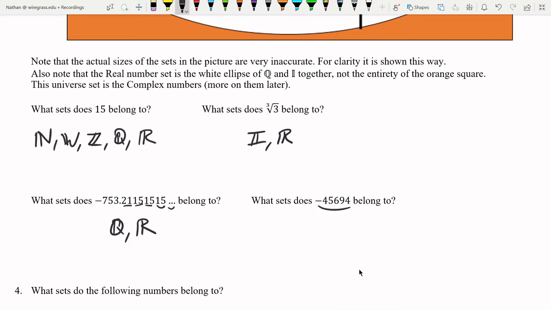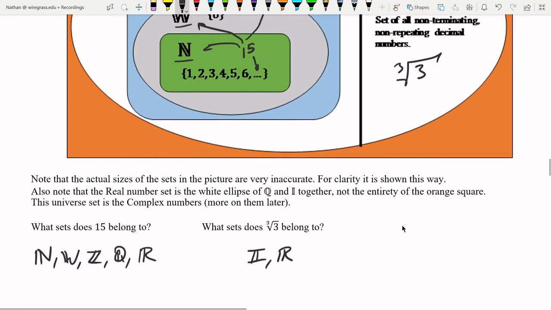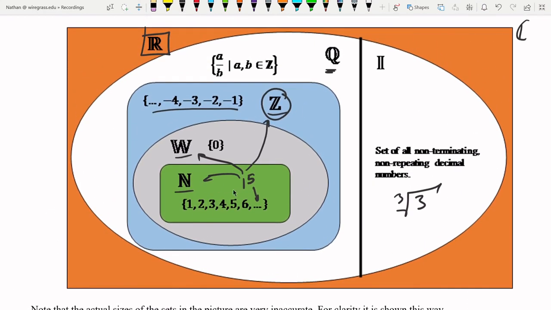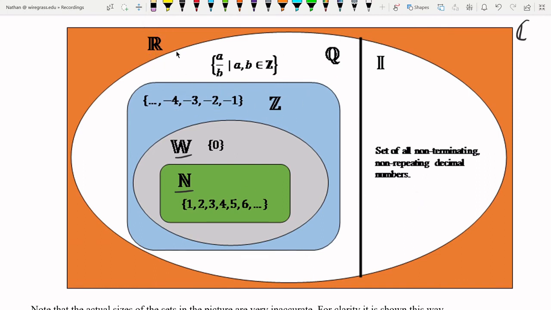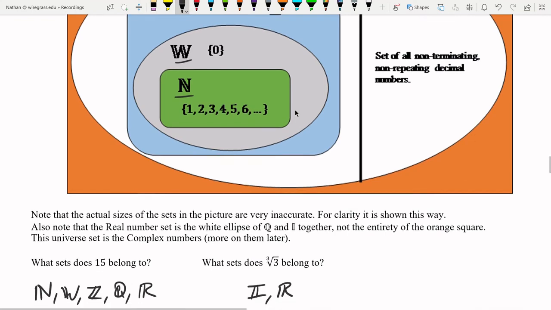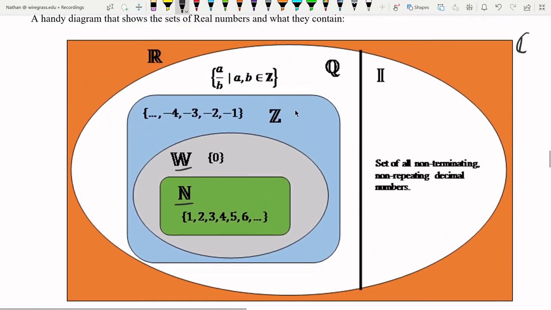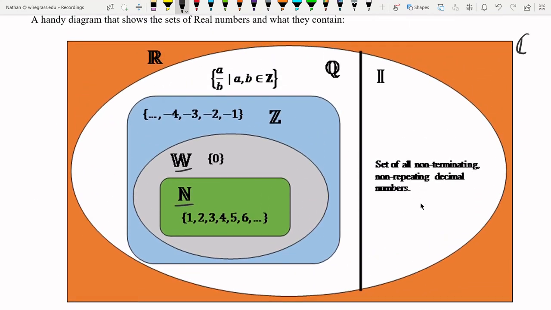Finally, we have this number here, negative 45,694. Let me clean up some of this stuff so that it's a little bit easier to see. Negative 45,694. Take a guess. Where do you think it is? It's right here.